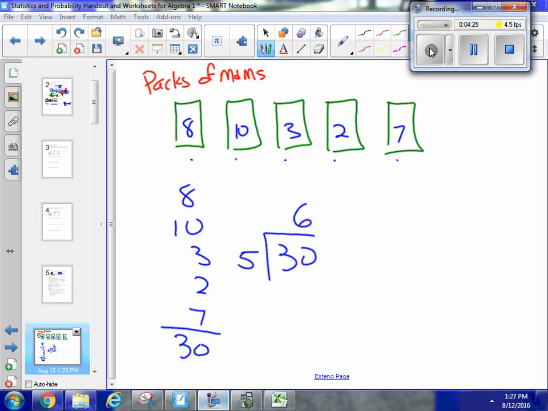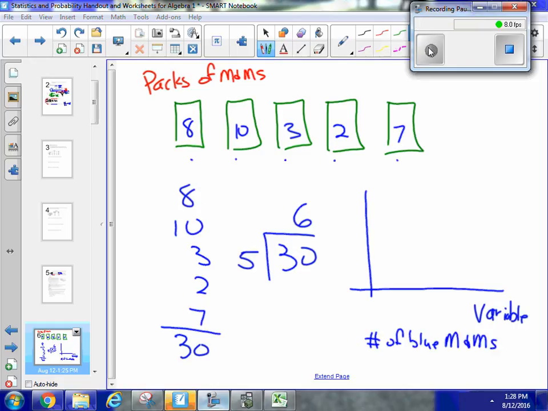Now I could put that on something that is called a dot plot. Most frequently in a dot plot, we will make the x-axis the variable that we're trying to analyze. And the variable we're trying to analyze in this case is the number of blue M&Ms per pack of M&Ms.